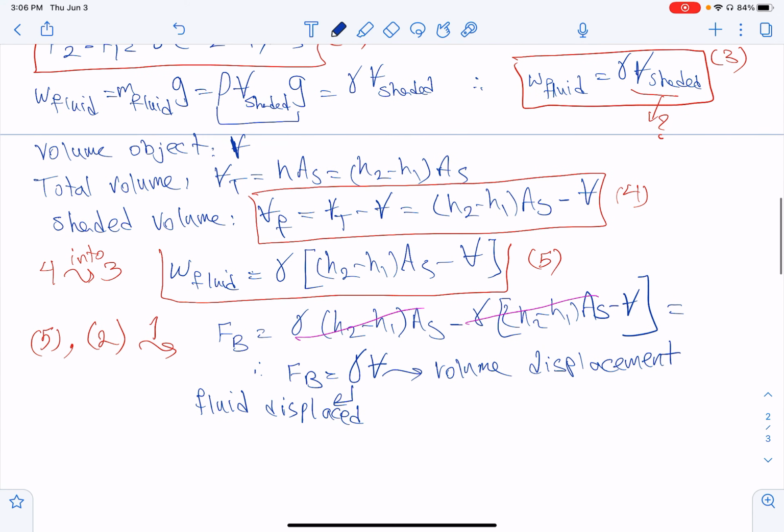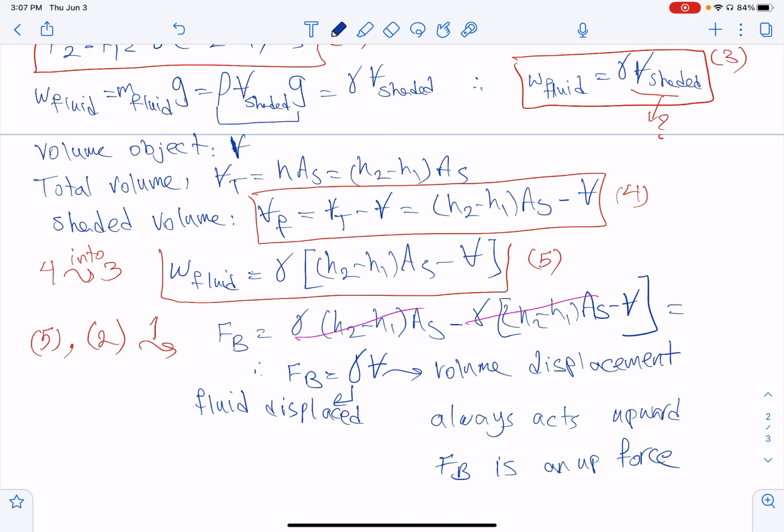And then the other thing that I wanted to mention is that it always acts upward. So FB is an upward force, correct?